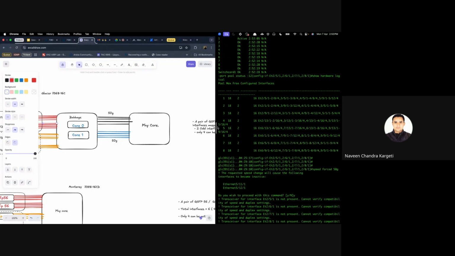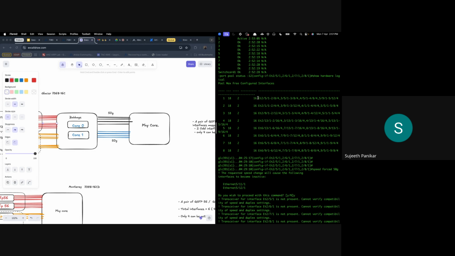What I was saying is, from the CLI we can see that 16 ports, though they are coming from 4 different line cards, are coming to a single pool, right? And those are, let's say, going to core 0. No, they are not all going there.